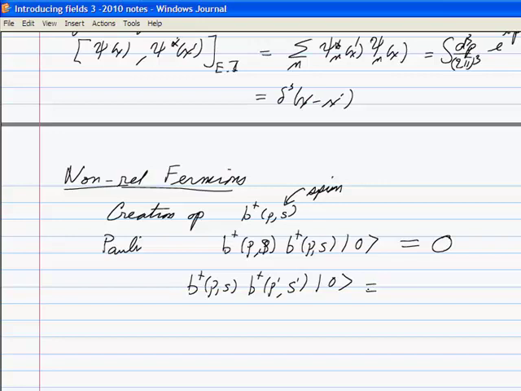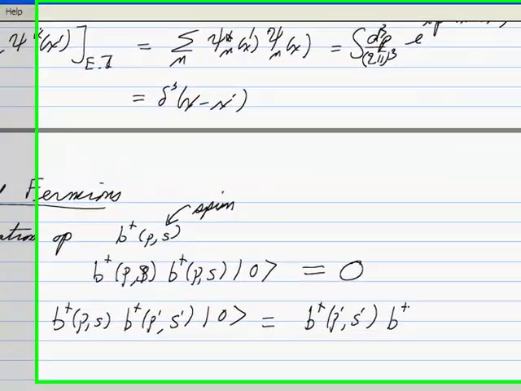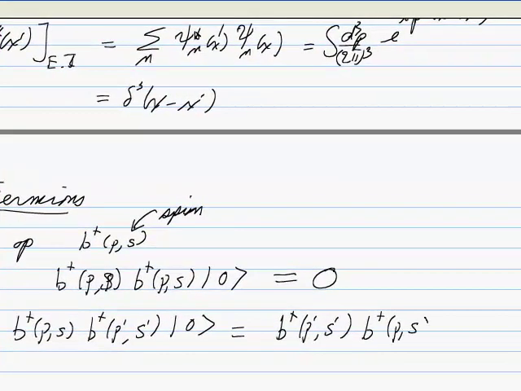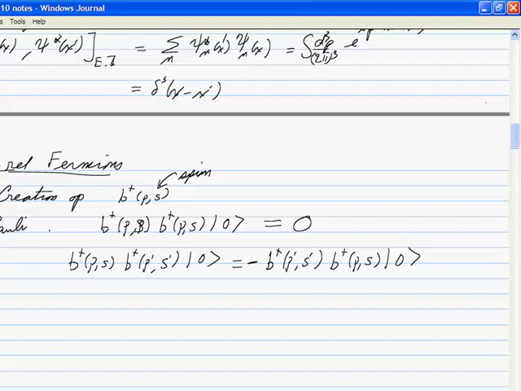And in this representation, the way you'd say it's antisymmetric is if I exchange the labels. So I take B dagger of P prime S prime, B dagger of P and S. So I've just exchanged the labels. That state should differ from the original one by a minus sign. Okay, it leaves all matrix elements unchanged, but that's what Pauli tells us, these two things.